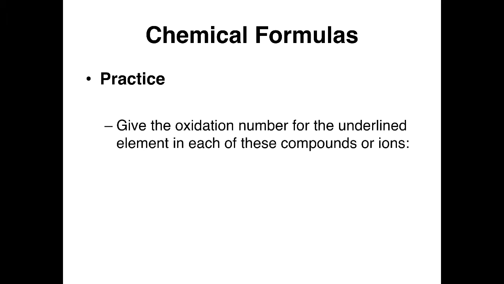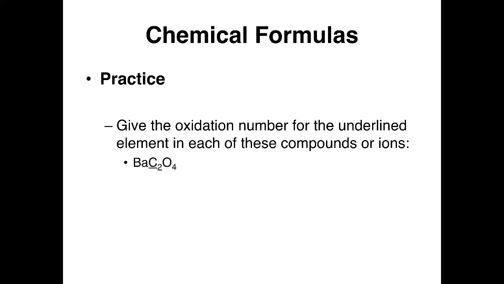So let's practice this. This was a question that was on your quiz and in some of your homework. Give the oxidation number for the underlined element in each compound or ion. We have barium and then carbon and oxygen combined together.